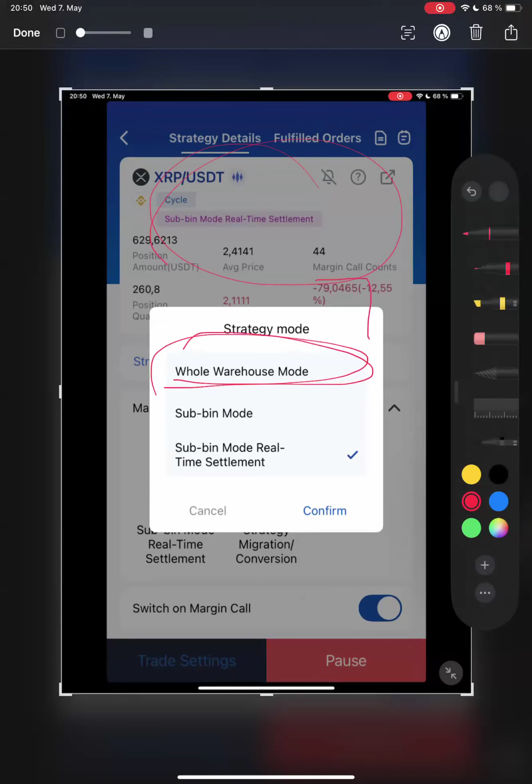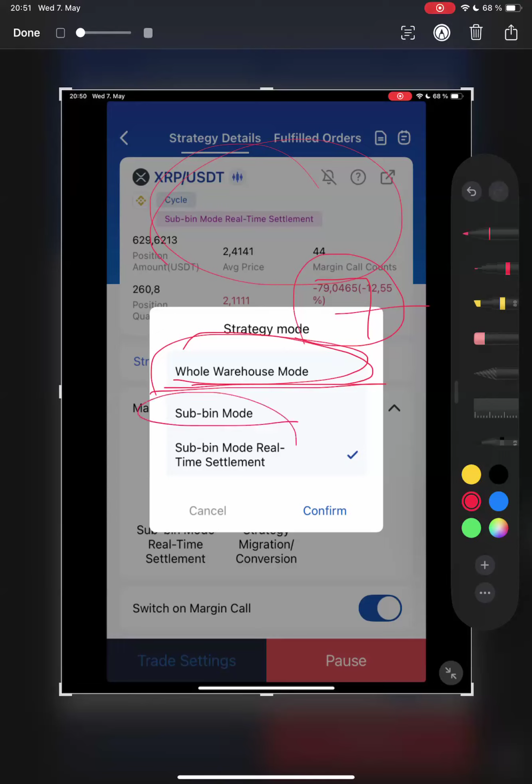The default Royal Q comes with a maximum of 7, and the strategy mode is whole warehouse mode. Okay, that one will sell everything in whole. But once you are going to have a lot of margin calls and you want to be making profits even in the dip, it's not advisable to put it on whole warehouse mode.